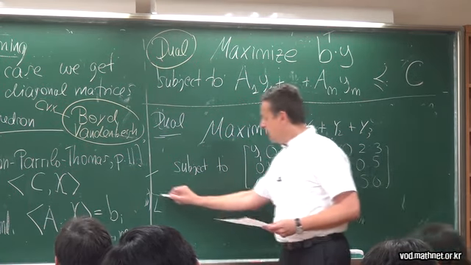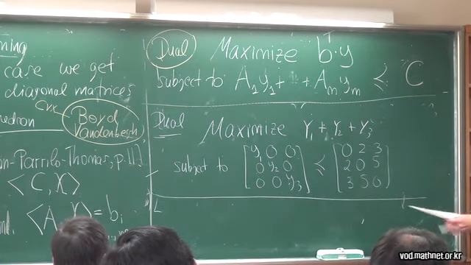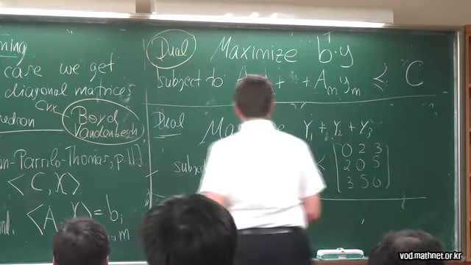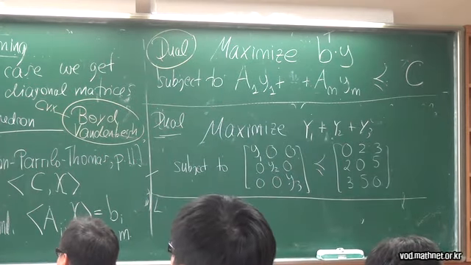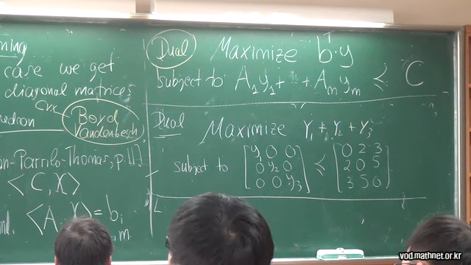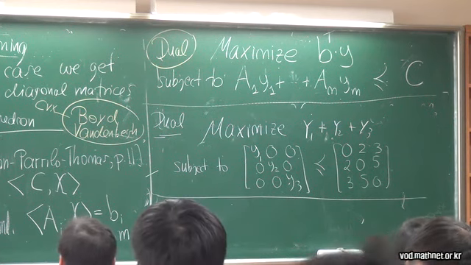Okay? Let me rewrite this a little bit more friendly. Let me replace each y_i by negative z_i. So I'm going to introduce new variables, z1, z2, z3, that's the negative.